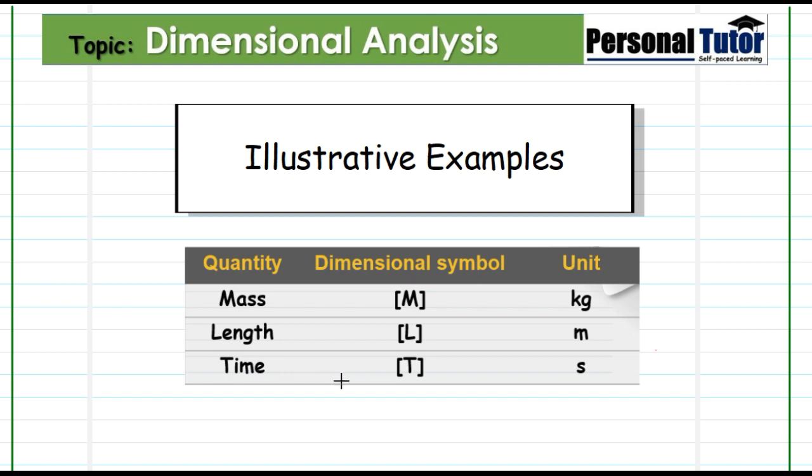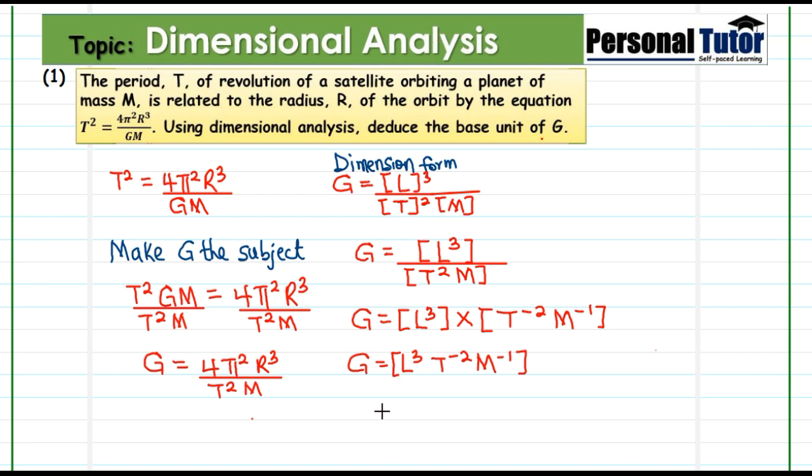And time with dimensional symbol of T is seconds, s. And so the unit of G can simply be achieved when these are converted to their various units. For length, we will have meter to the power 3.